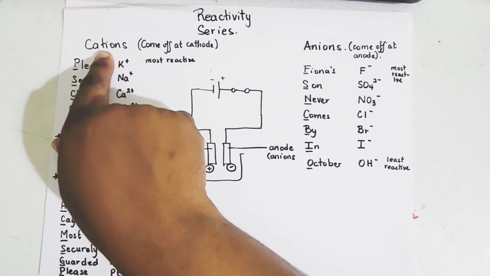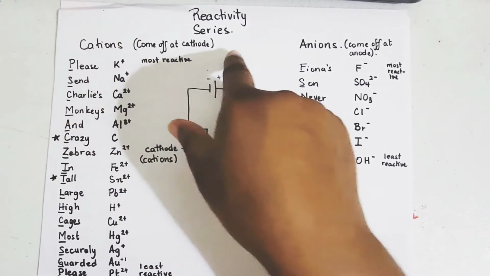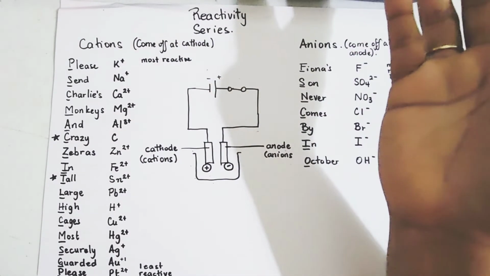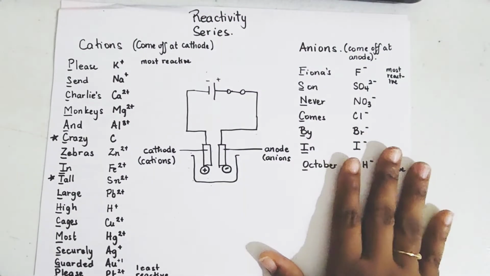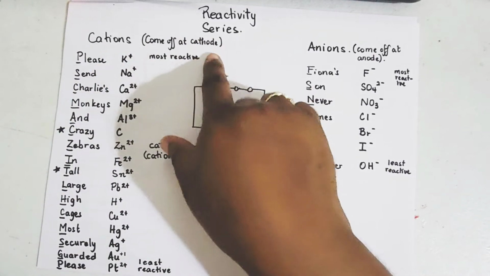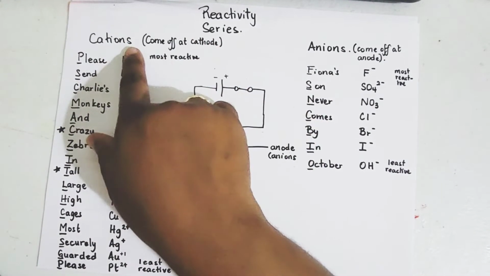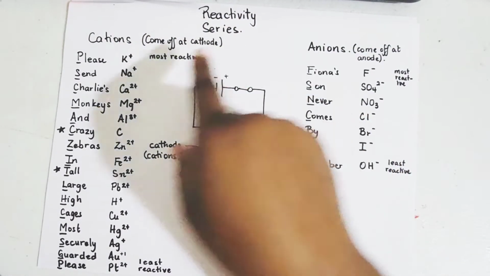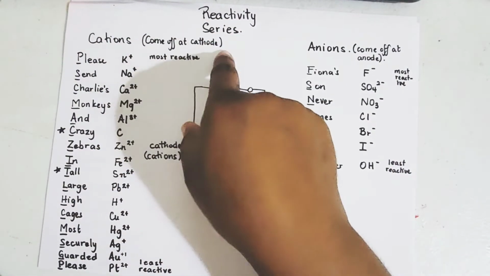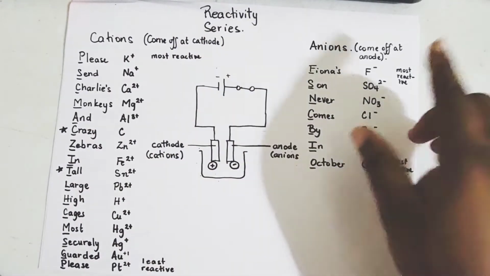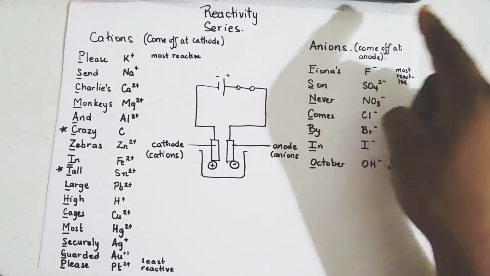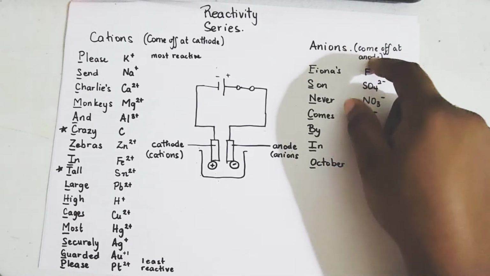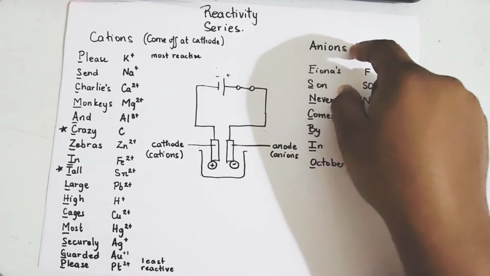Positive particles are attracted to negative particles, and vice versa. Because the cathode is negative, the cations are attracted to it. That's an easy way to remember that the cathode is negative: if the cations are positive, the cathode must be negative. Same thing here: the anions are negative, so they're attracted to the anode, which is a positive electrode.